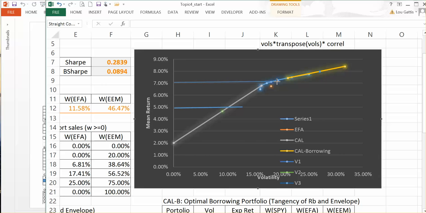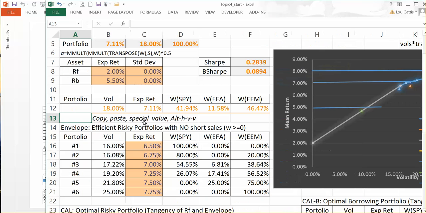So if I want a 7% return, I'm going to get a portfolio right there. And what about an 8% return? If I want 8% return, I'll be right here. So I'm going to find the portfolios a slightly different way, and that is looking kind of in a horizontal direction. What if I want a 5, 7, or 8% expected return?